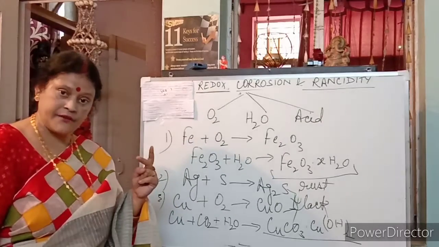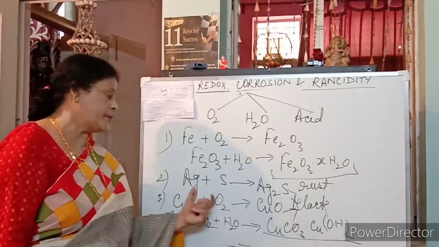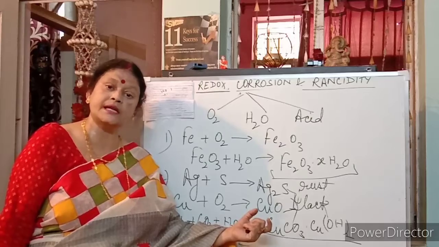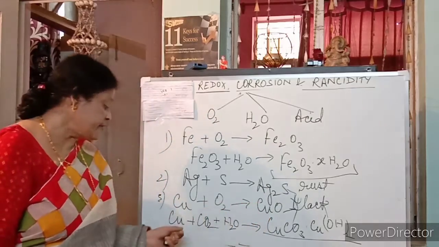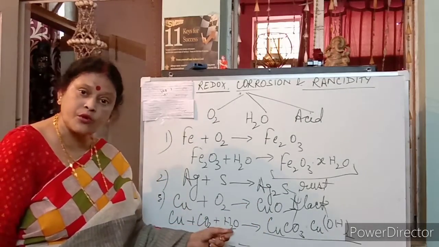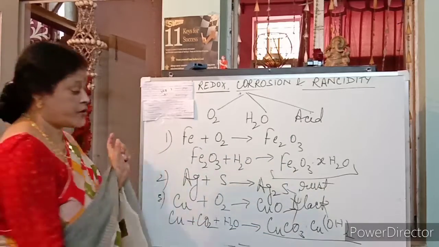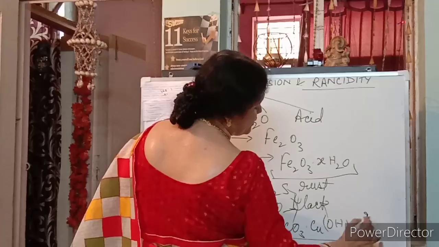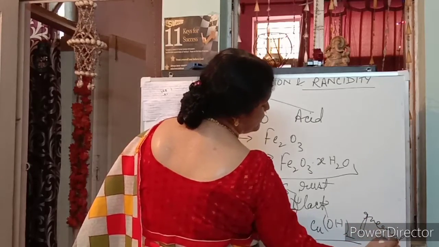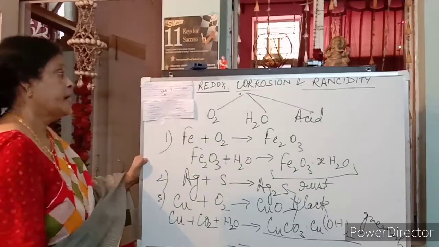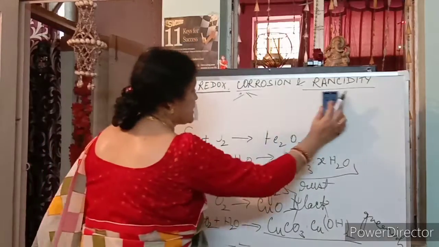Two products are possible: copper reacts with oxygen to form copper oxide, which is blackish in color, and when copper reacts with carbon dioxide and moisture of the air, it may form copper carbonate and copper hydroxide, which is a greenish layer. Clear?